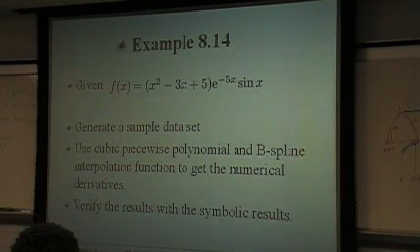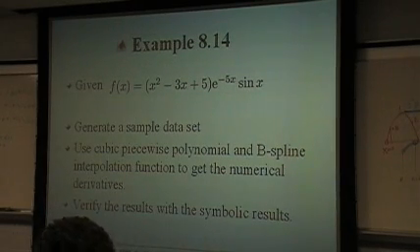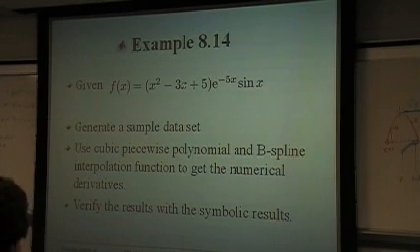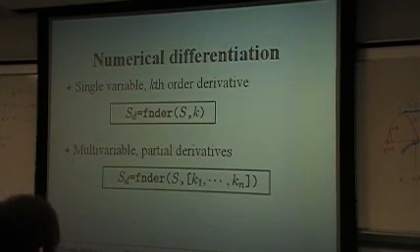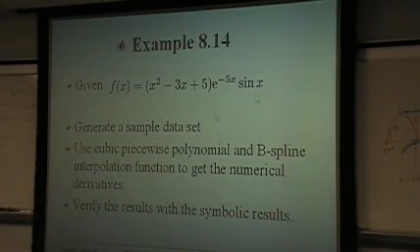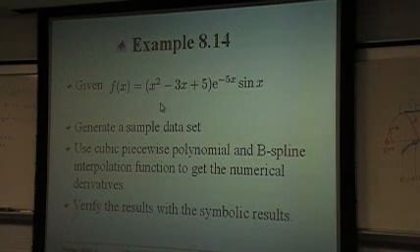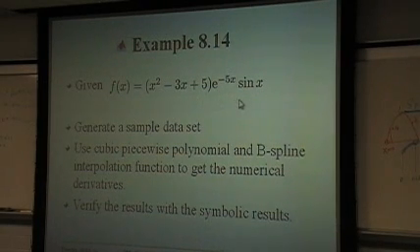How can we find the first order derivative from the function? To solve the problem, what we need to do is first to generate a sample data set for x and y as we did before. Generate the x vector and find the values of y.